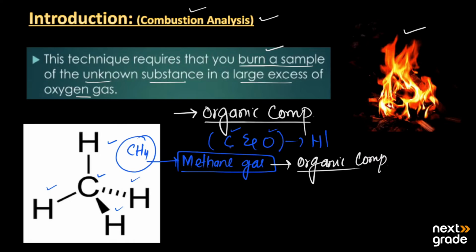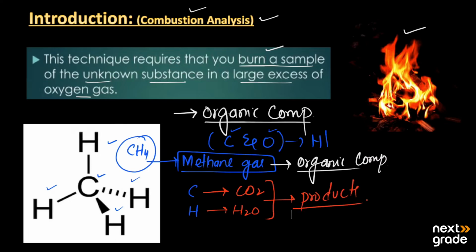When organic compounds undergo combustion analysis, the carbon is converted into carbon dioxide and the hydrogen is converted into H2O. Basically, these are the two main products of combustion analysis.